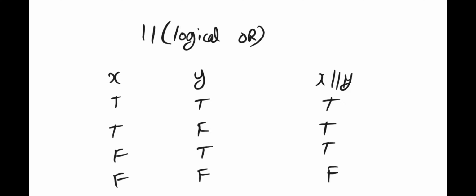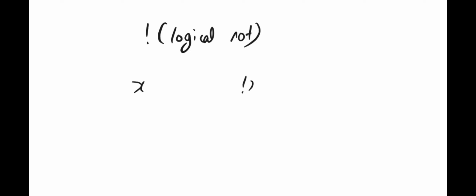Only if both are false will the output be false. And logical not will have only one variable. If it is true, the output will be false. If it is false, the output will be true.